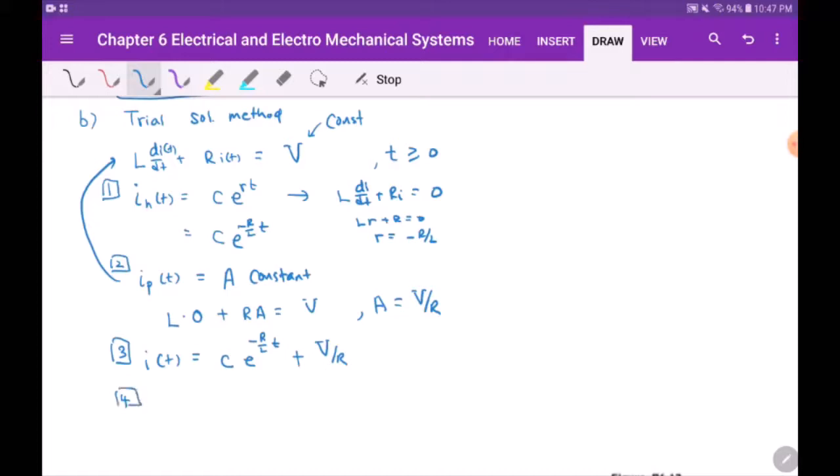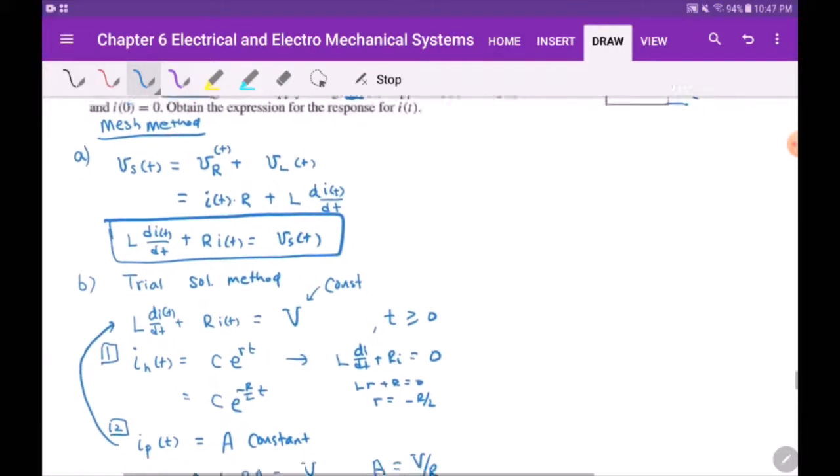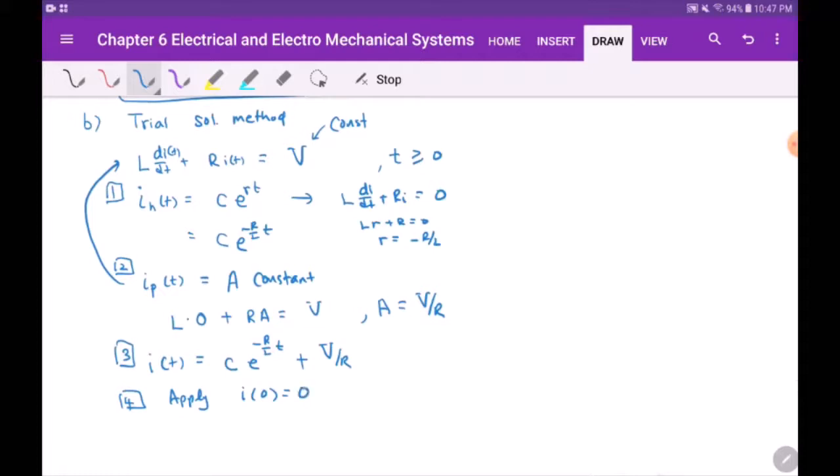Step number 4 is to apply your initial condition. I of 0 is 0. So you'll see I of 0 equals C times e to the 0, which is 1, plus V over R.